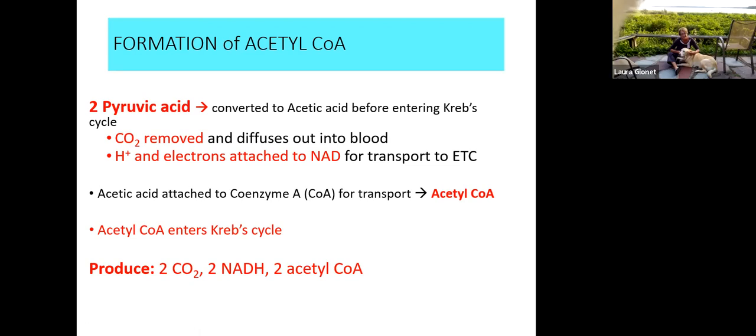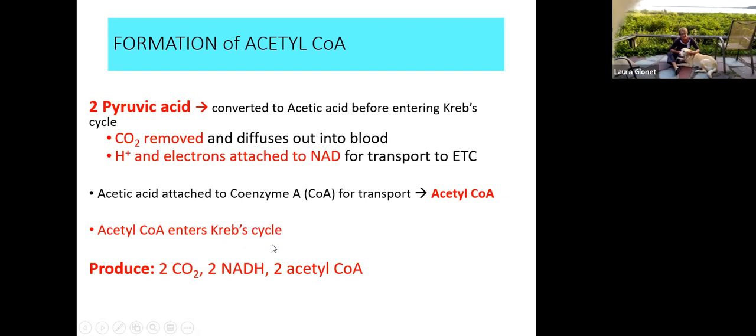That's one of the carbon dioxides that you're producing. And you're going to be left with a 2-carbon chain. We're going to remove hydrogen and an electron with it, because hydrogen has 1 electron in its outer valence shell. It will bind with coenzyme A to form acetyl CoA. And now that molecule, acetyl CoA, is going to be the molecule that enters the next phase, which is the Krebs cycle.